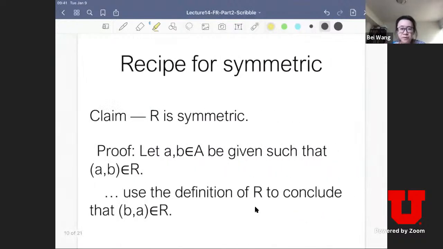If we want to prove a relation is symmetric, then we start by assuming for any pair AB is in R, and through some definition of the relation, we want to arrive at the conclusion that BA is in R. Okay.